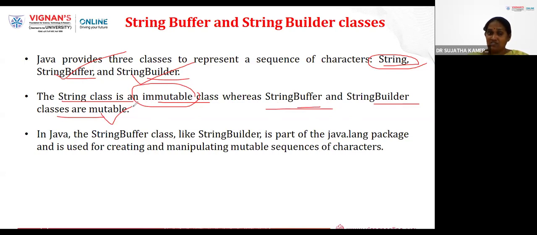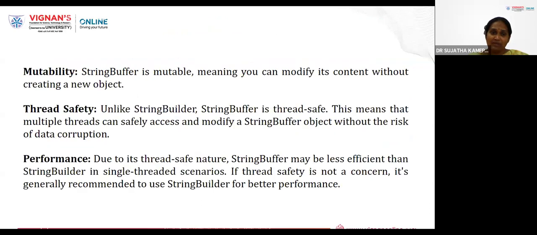That is, I can change its value. In Java, StringBuffer and StringBuilder are part of the java.lang package and are used for creating and manipulating strings. But in the case of the String class, manipulation is not possible.